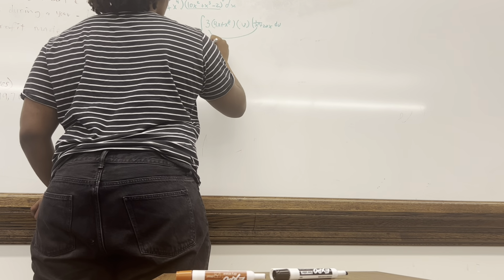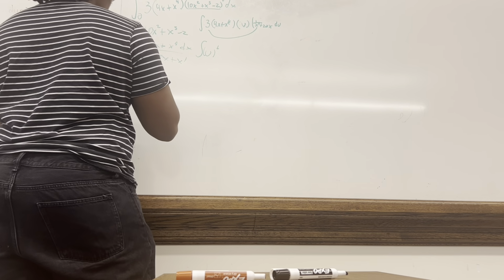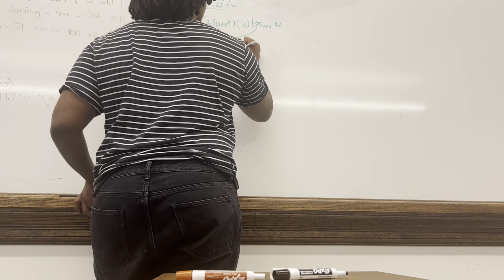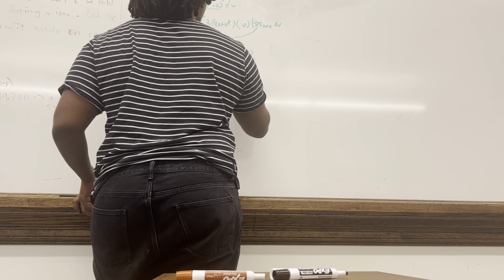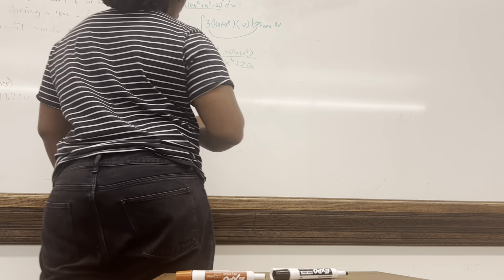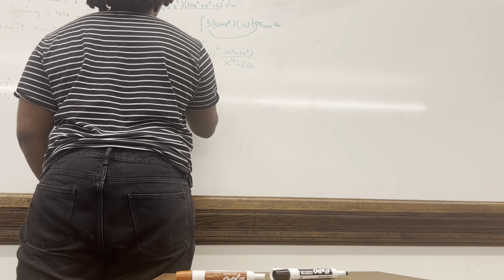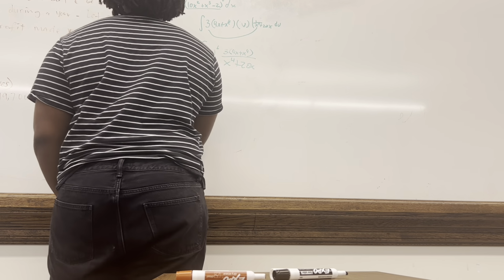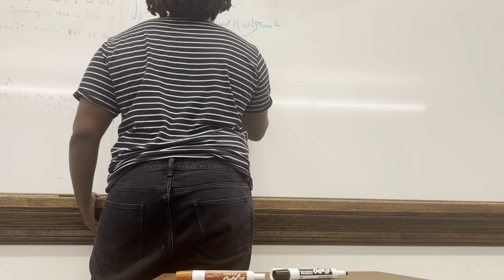So that will give us u to the power of 6 and 3 over 4x plus x to the 4 divided by x to the 4 plus 20x. Something's wrong. Oh, I'm missing a 5. Should be 5x to the power of 4, and this should be 5x to the power of 4. There we go.